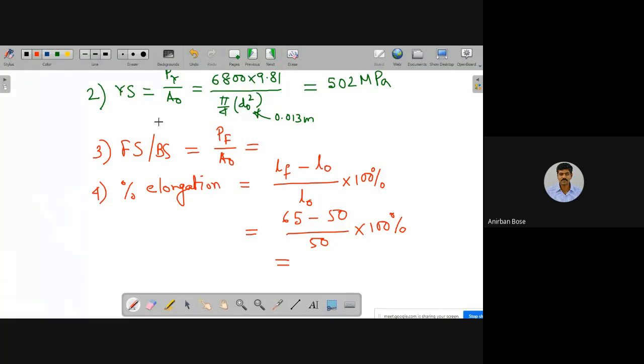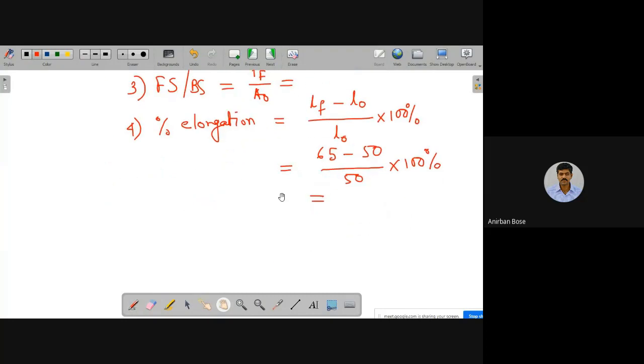And the fifth one that you have to find out is the percentage reduction in area. Percentage reduction in area is again another measurement of ductility, because if the percentage reduction of area is more, then it is a more ductile material. In fact, for a truly ductile material without any impurities, this percentage area reduction will be 100%.